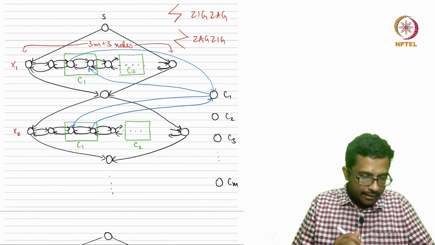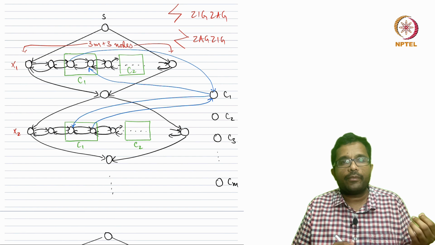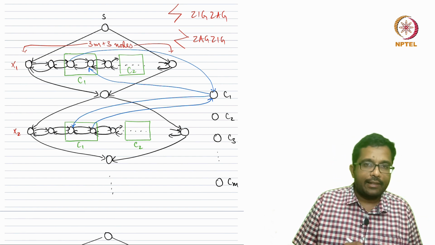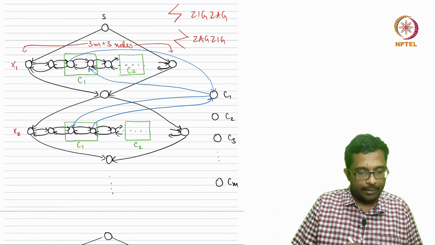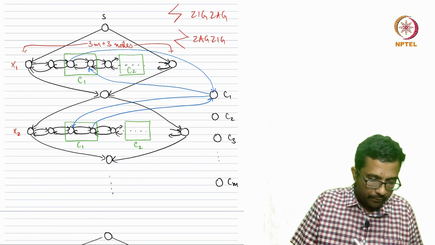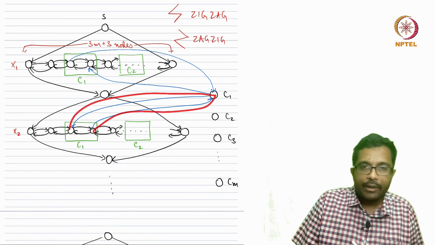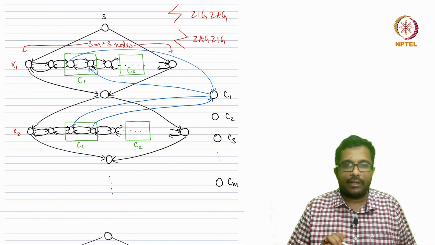Like this, because it's a satisfying assignment, every clause has a literal that is true. And whenever we reach the literal, we take a detour to the clause vertex and then come back. Because of the way the variables and the gadget is set up, the detour allows us to go to the clause vertex and then come back to the next vertex without missing anything and continue the zigzag path, right?